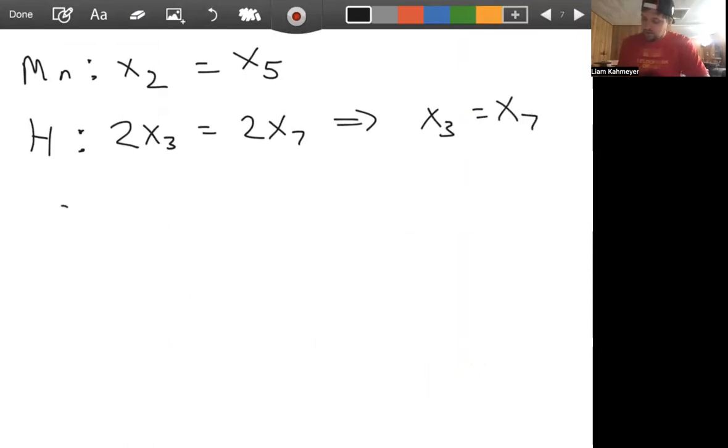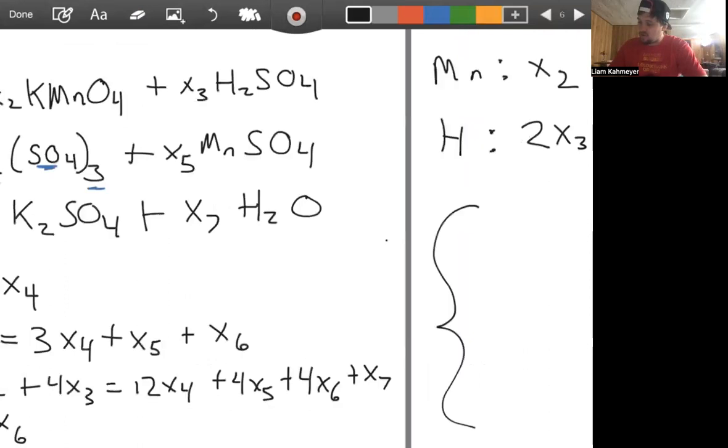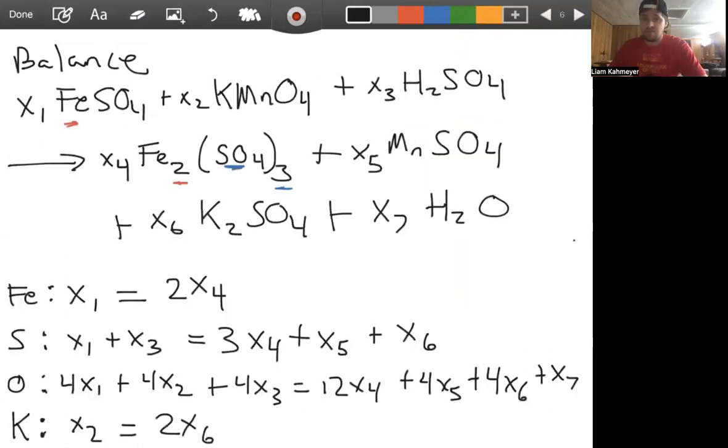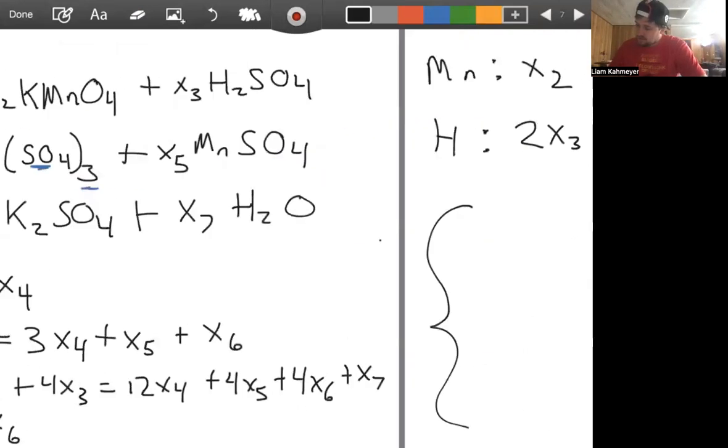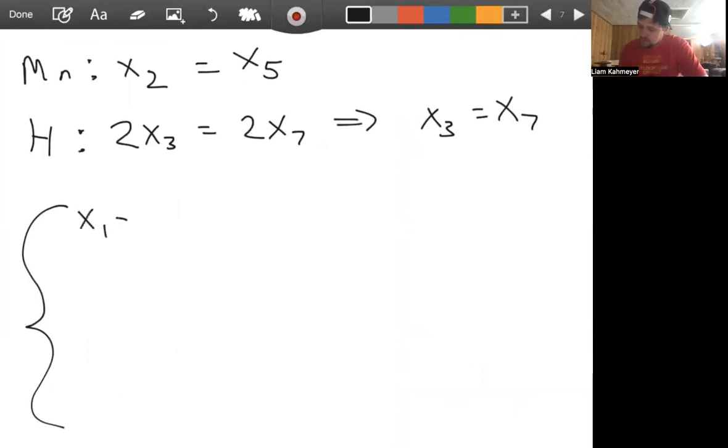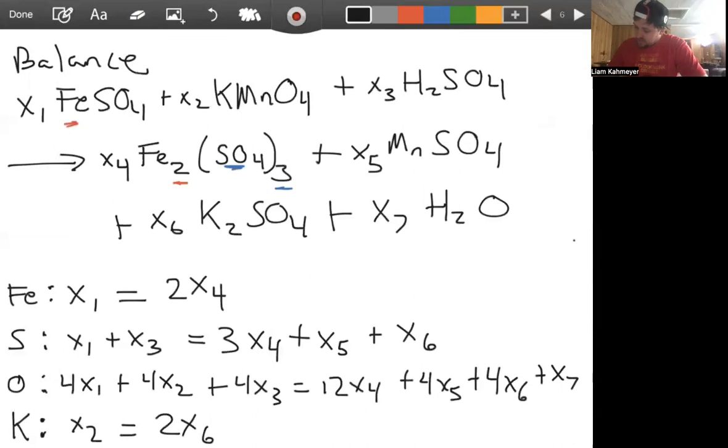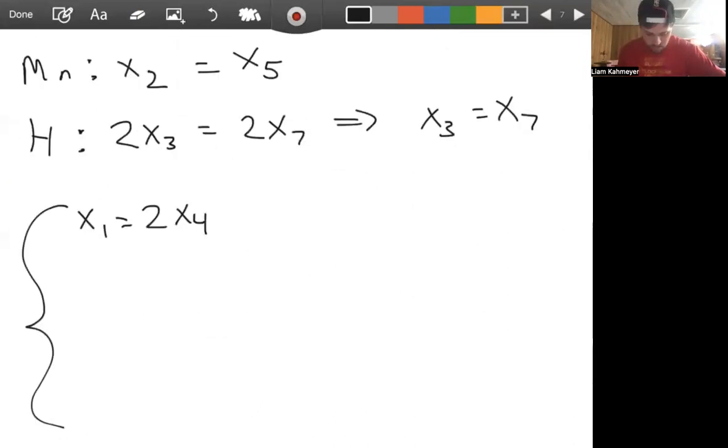So now let's write out what our system of equations is, because solving this system will balance this chemical reaction. So we have x1 equals 2x4. We have x1 plus x3 here. I'll write it down. I have it written here. So x1 plus x3 equals 3x4 plus x5 plus x6.